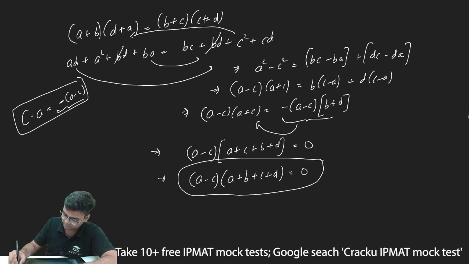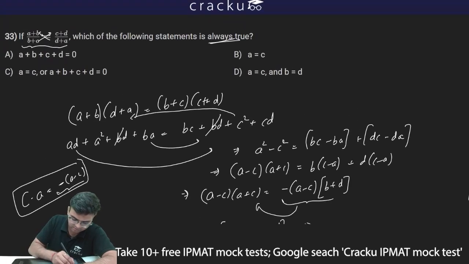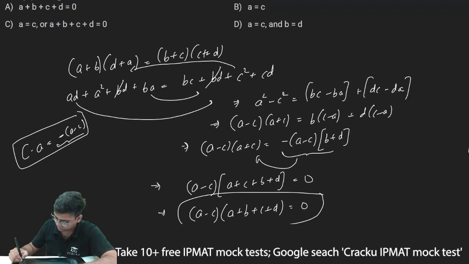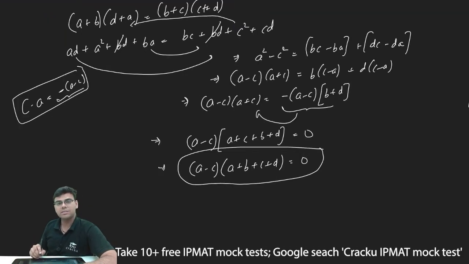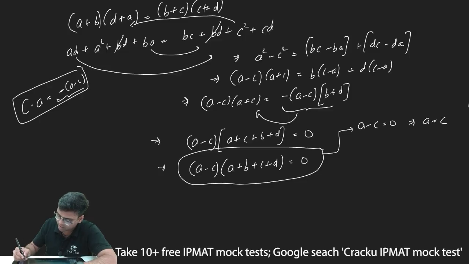The initial fraction is basically simplified to this value, which is (a − c)(a + b + c + d) equal to 0. Now there are two possible cases for it. Either a − c should be equal to 0, that implies a should be equal to c, or a + b + c + d should be equal to 0.